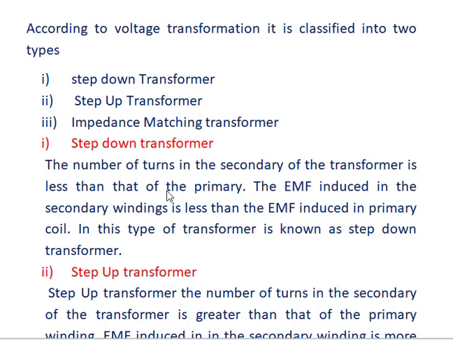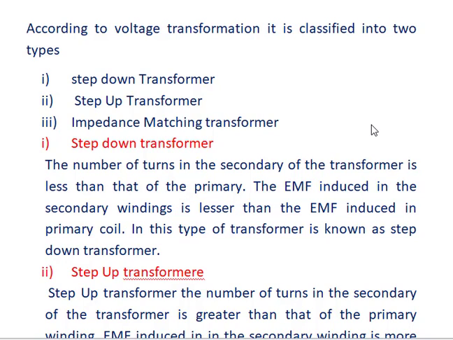So the electromotive force, the voltage induced in the secondary winding, is lesser than the EMF induced in the primary coil. This type of transformer is known as step-down transformer. This kind of step-down transformer is used in cell phone chargers, systems, the CPUs, the microprocessors, and etc.